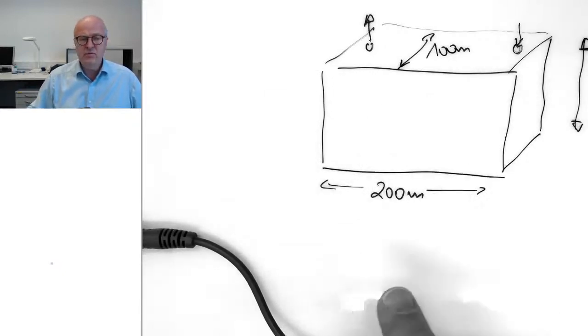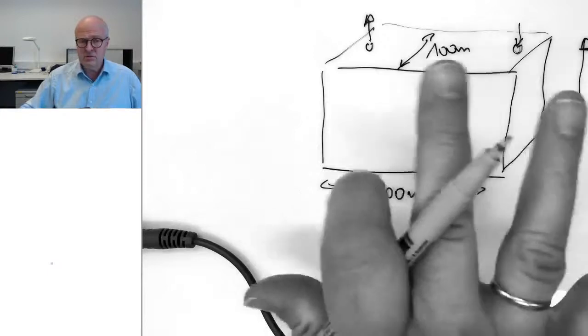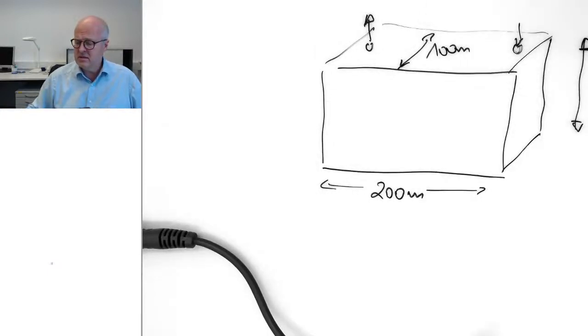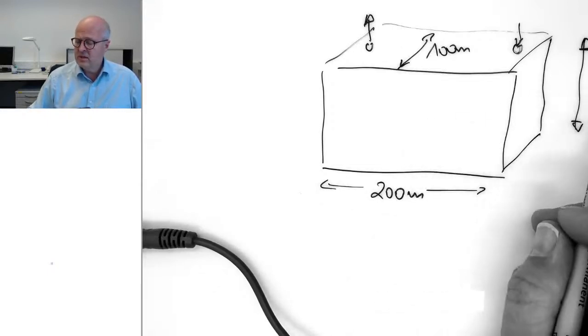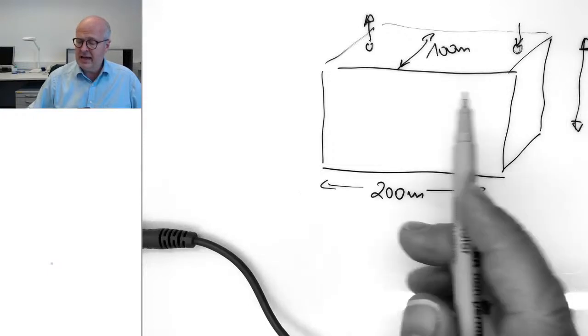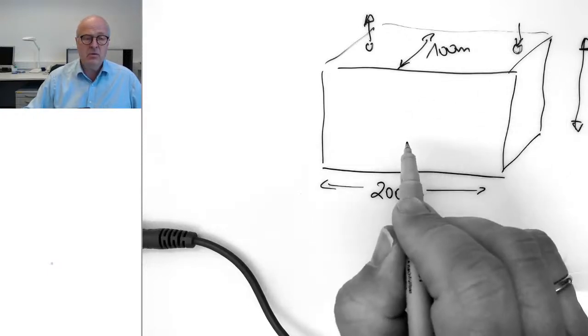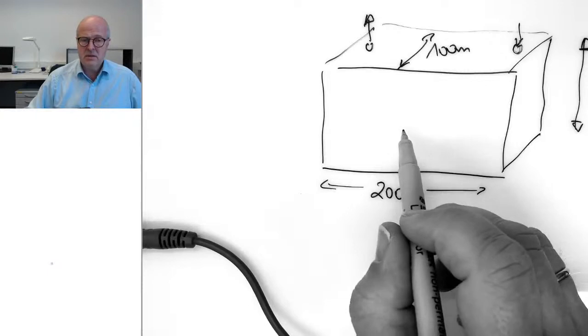So we have a total volume, without considering the sediments, of 200 by 100, which is 20,000, by 40, which is then 800,000.